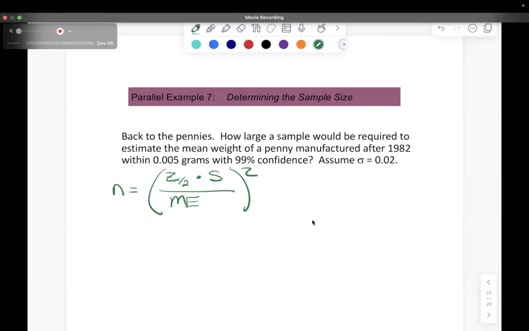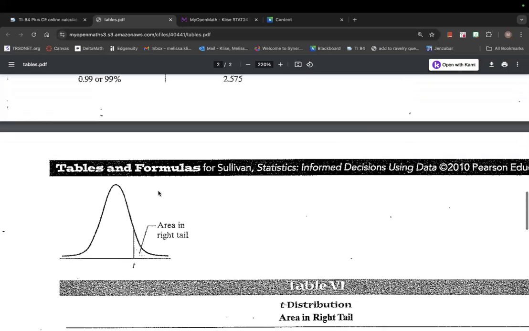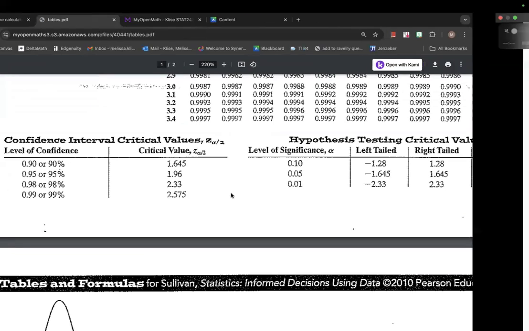So 99% confidence, I'm going to go back to my other screen. It's on my table. 99% confidence is 2.575. Obviously, you can use inverse norm if you need to, but if it's on our table, why not just use it?